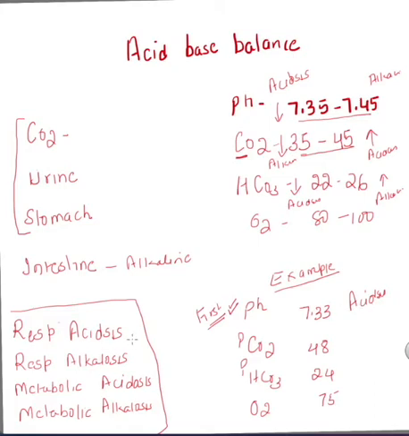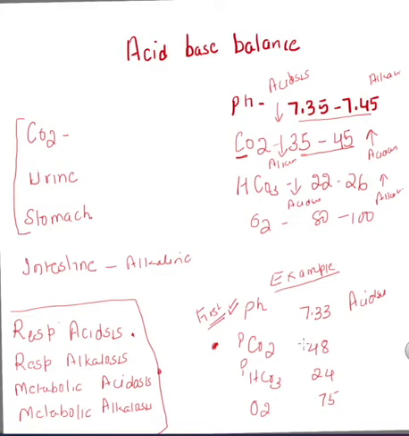Now we have two types of acidosis. We have to find out whether it's respiratory acidosis or metabolic acidosis. If it involves the lungs, if it involves CO2, then it's going to be respiratory acidosis. But if it is not related to the lungs, it's related to bicarb, then it's going to be metabolic acidosis. Look at what the 48 says.